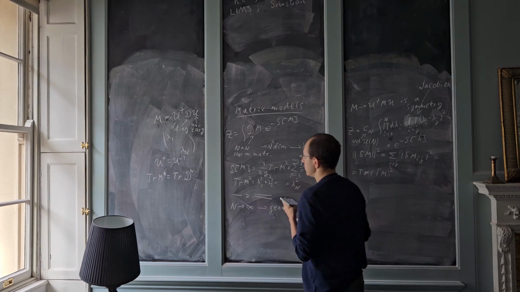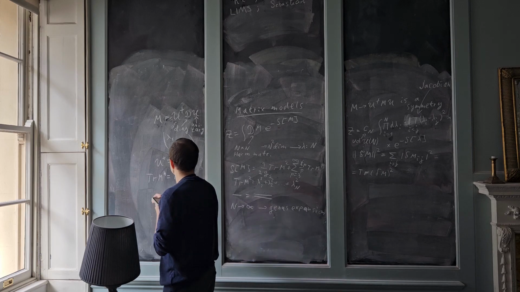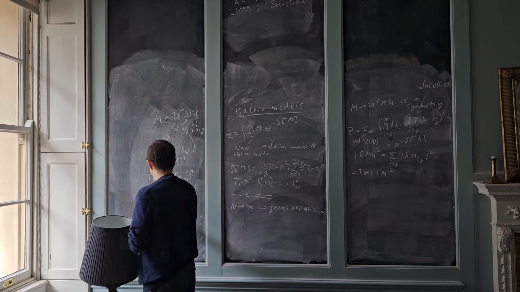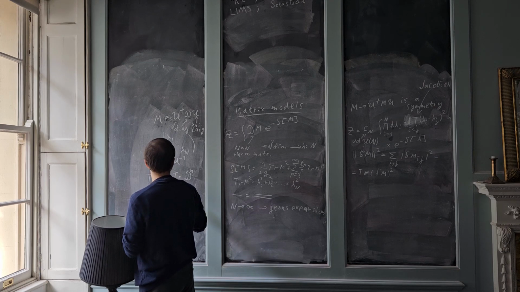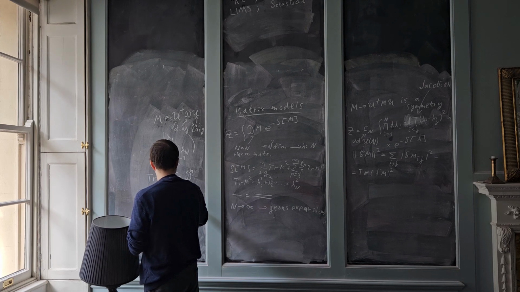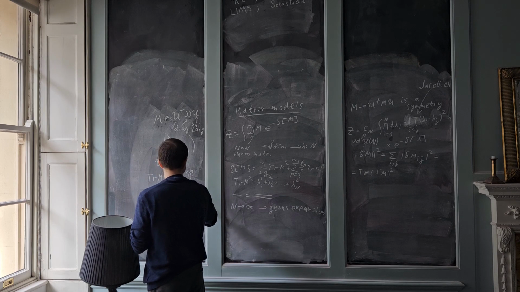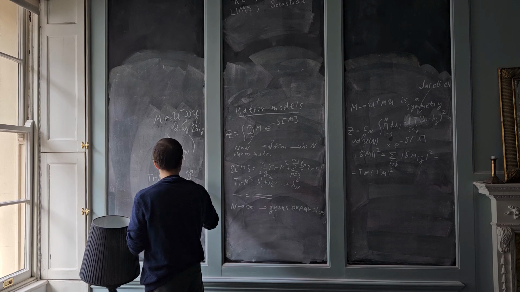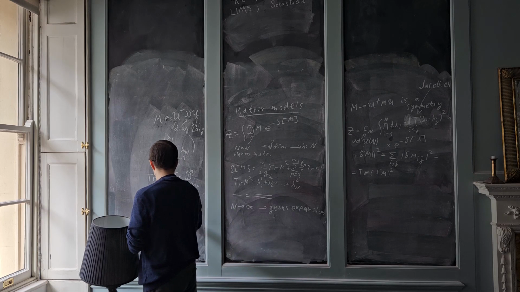Now let's write it in these terms. So what is delta m? Delta m will be delta u dagger du plus u dagger delta d u plus one more, delta u dagger d delta u.